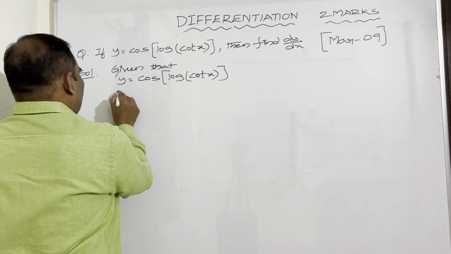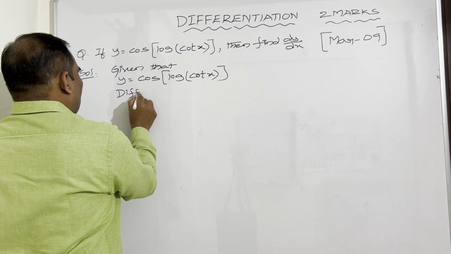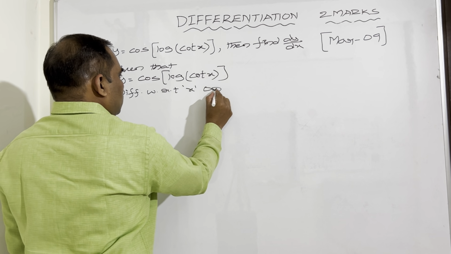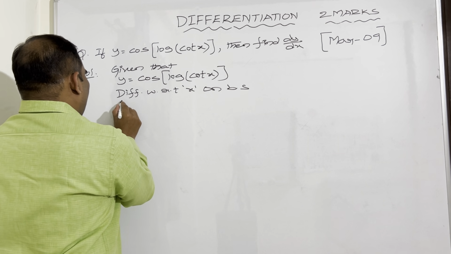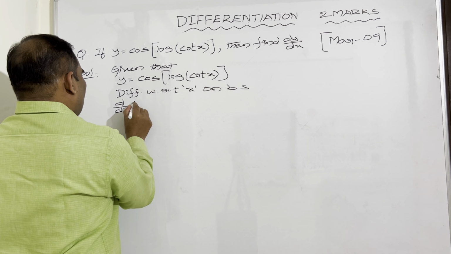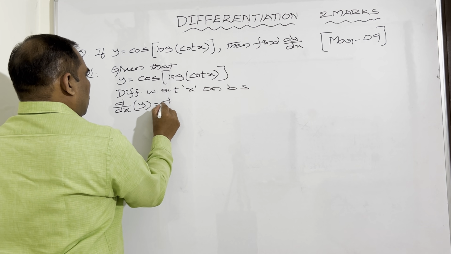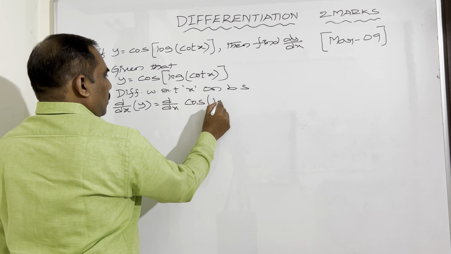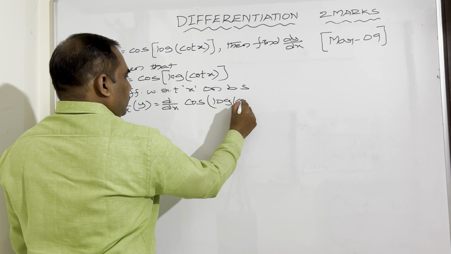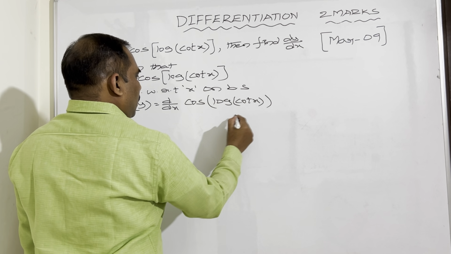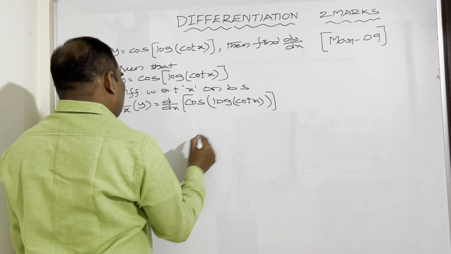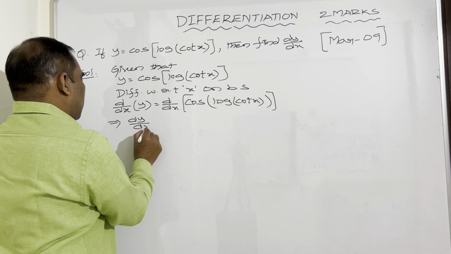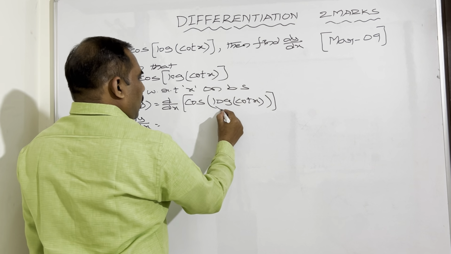So now differentiating with respect to x on both sides, dy/dx of y is equal to dy/dx of cos of log of cot x. See, observe here on the right-hand side, this is like cos x.